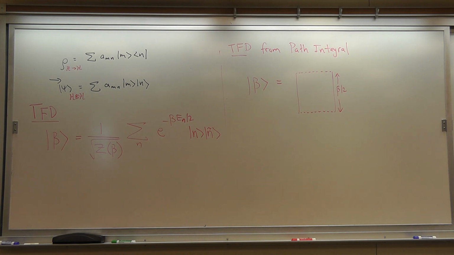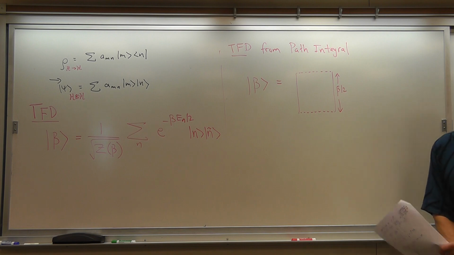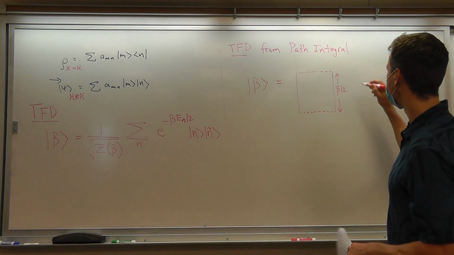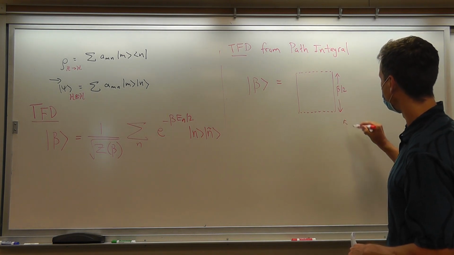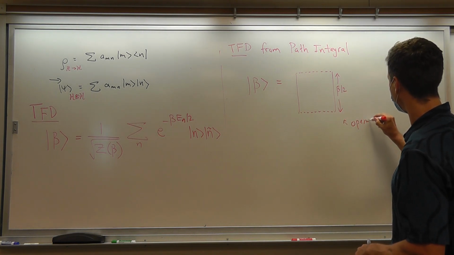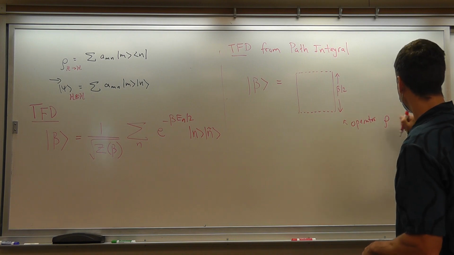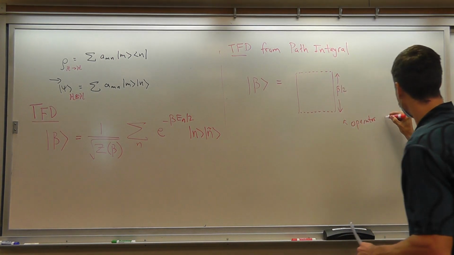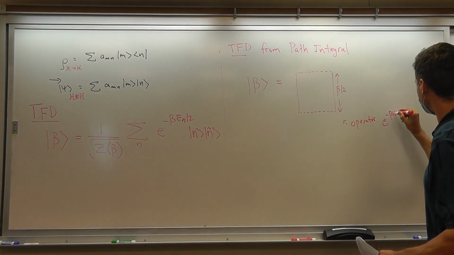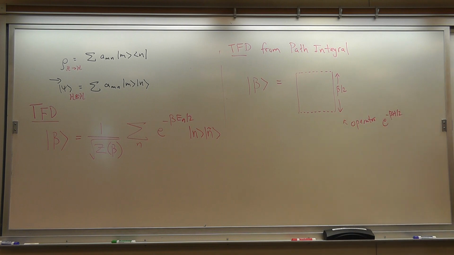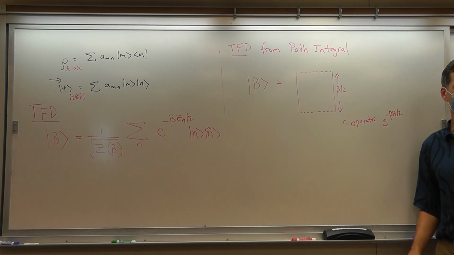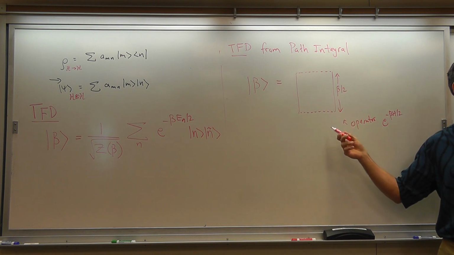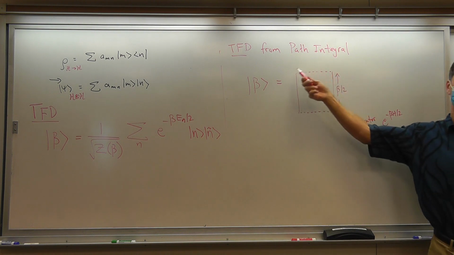That should be slightly confusing because we already talked about the path integral on a strip of size beta over 2, and we said that this path integral represents the operator e to the minus beta H over 2. Right? It represents the operator because it has an open slot at the bottom for one of the legs of the operator and an open slot at the top.